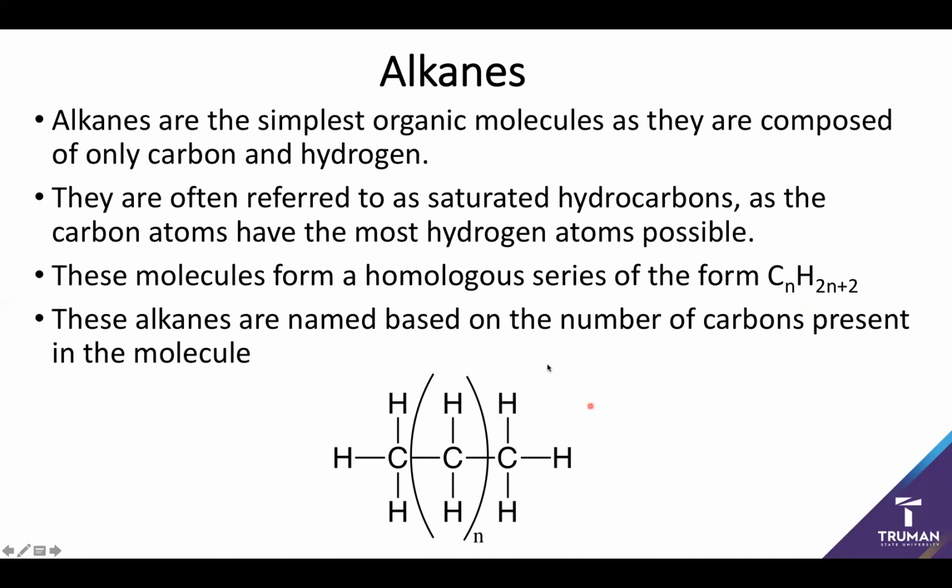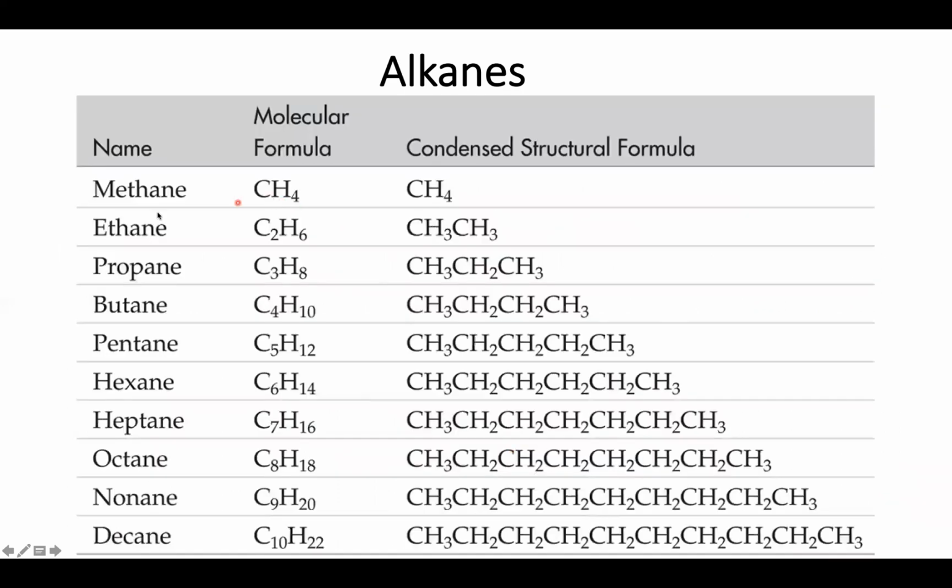These basic saturated alkanes are named based on the number of carbons present in the molecule. If you've got 1 carbon, this gives you meth. If you've got 2 carbons, this gives you eth. If you have 3, prop, 4, bute. Then once you get to 5 and on, you can just use your geometry: pent, hex, hept, oct, non, and dec.